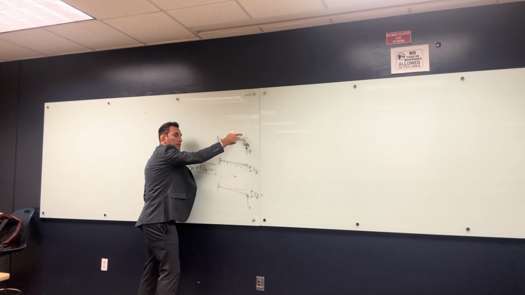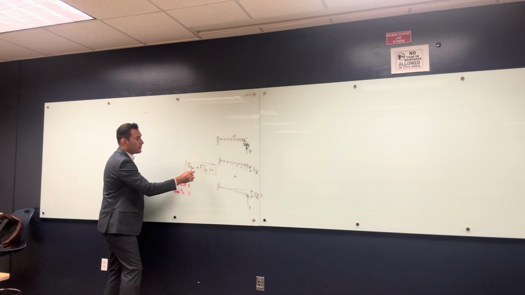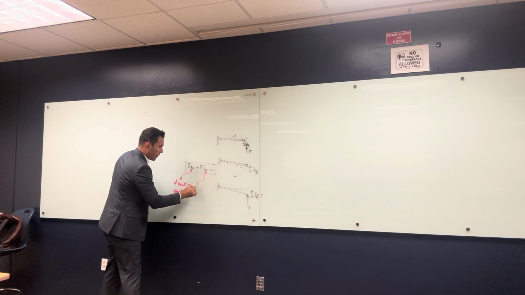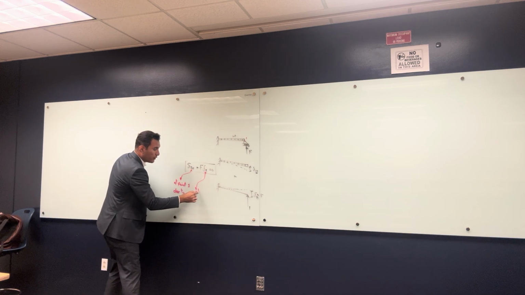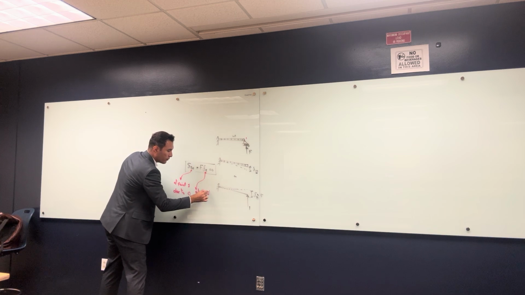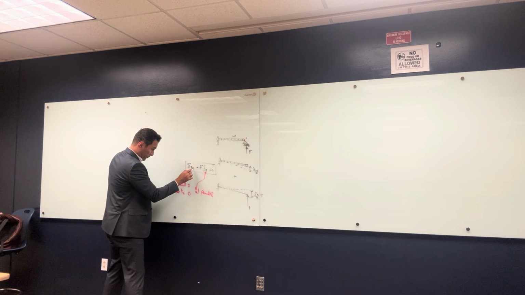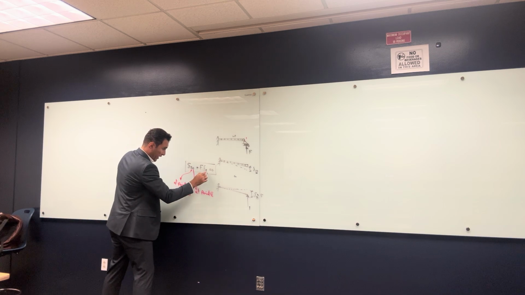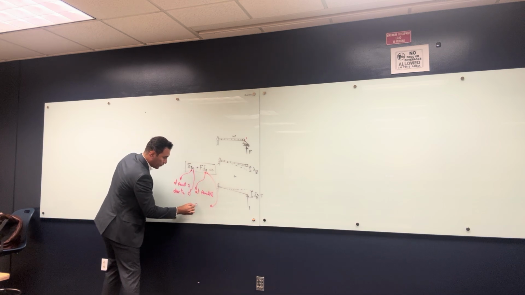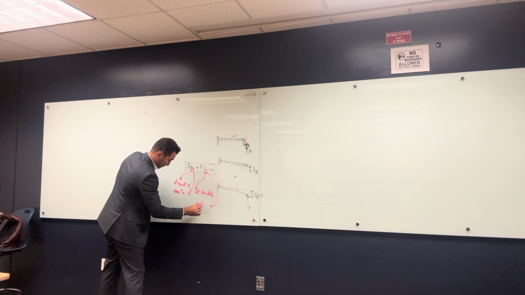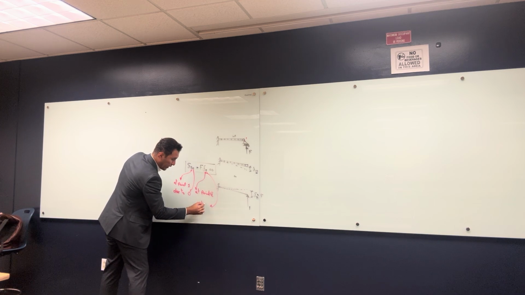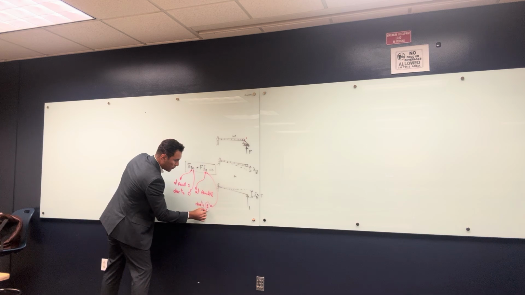If it's distributed loads, I'm going to put it here. Delta 1,1 means at point 1, this is the first one, and the other one is due to the unit load at point 1. Okay?